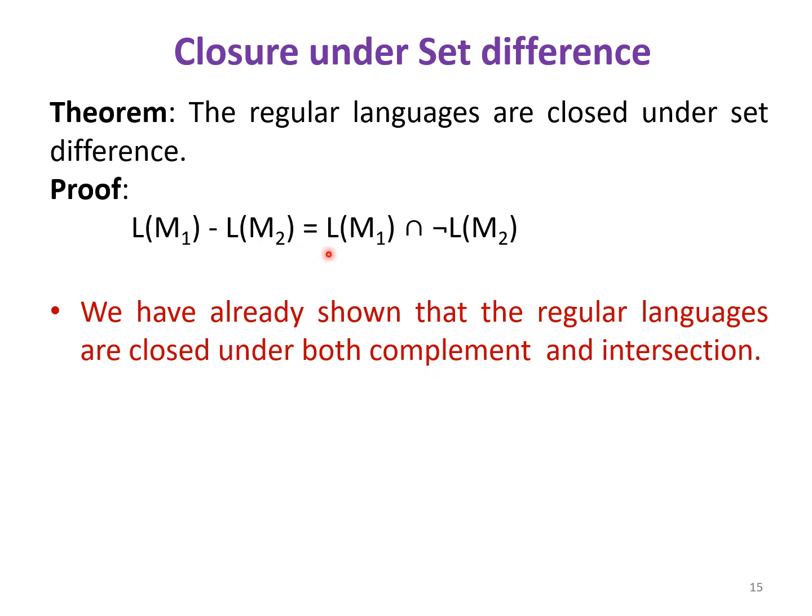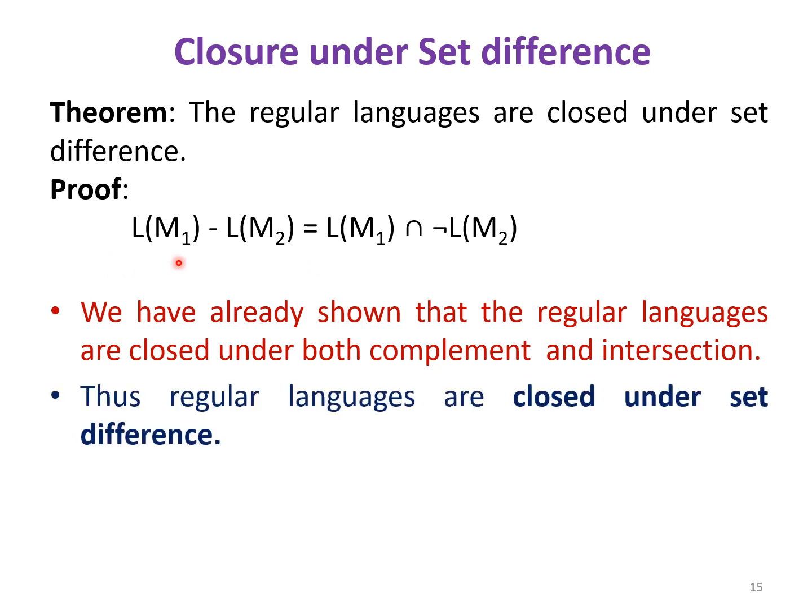That is, L of M1 is regular, L of M2 is regular, complement of a regular language is regular, regular language intersection regular language is regular. RHS is regular, so LHS must be regular. Hence, the regular languages are closed under set difference.